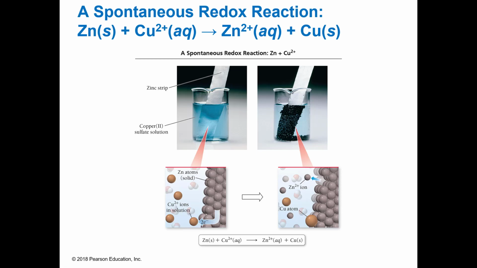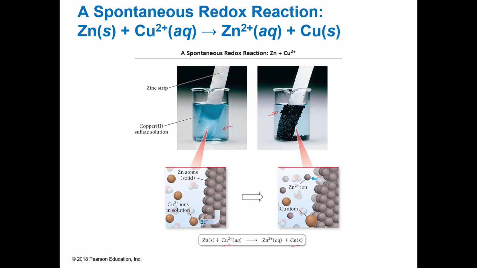On the other hand, the copper is in solution as a copper 2+ ion. It's why it's blue. Over here you see that the blue is lightening up. What's happening is the copper 2+ ion is gaining electrons and becoming solid copper.